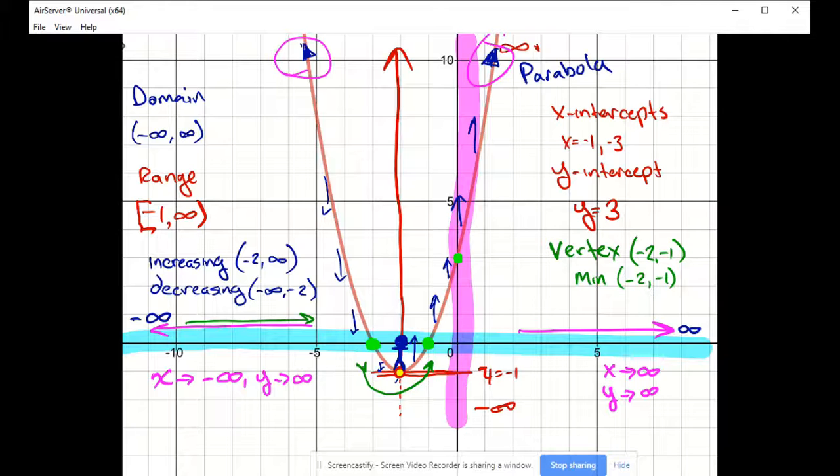Now, last piece of the puzzle. We have a vertical, imaginary line that's going to come down through our vertex. And this is our axis of symmetry.